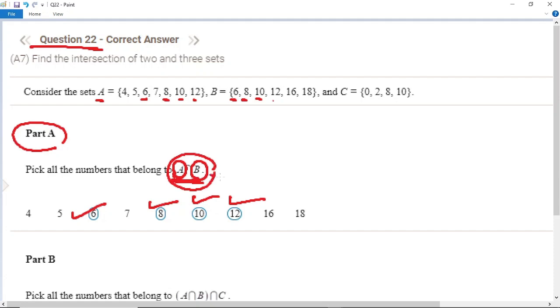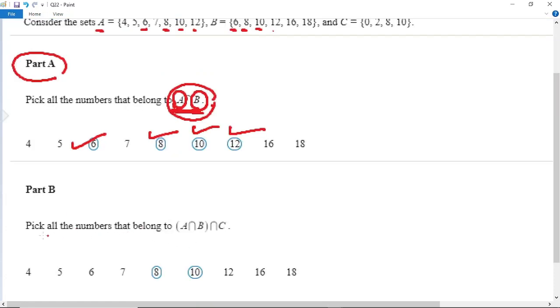10 is also there, and 12 is also there, so 10 and 12. So intersect. Okay, now here part B, pick all the numbers that belong to A intersect with B, then intersect with C. So now here I will get the set of numbers of A intersect with B, which is 6, 8, 10, 12.